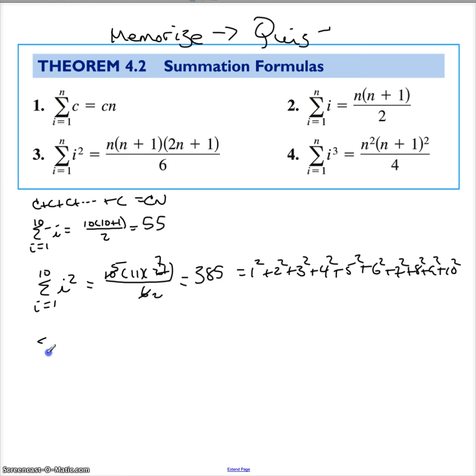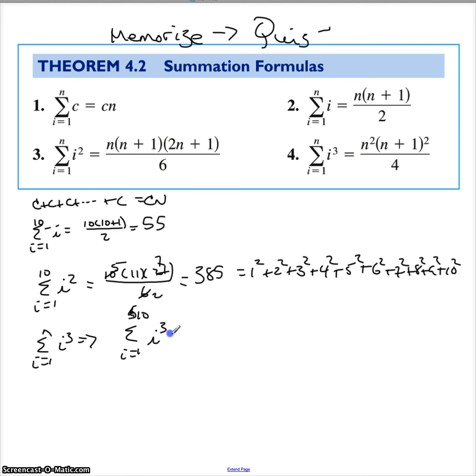Now, the summation, i equals 1 to n of i cubed, is n squared times n plus 1 squared divided by 4. Just memorize this. Suppose I want to sum i equals 1 to, let's just do 10. We've been doing 10, so that's okay.